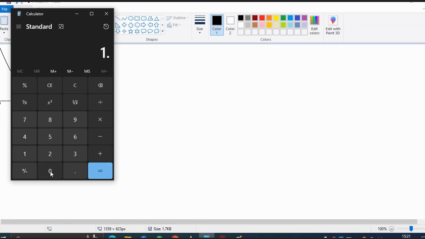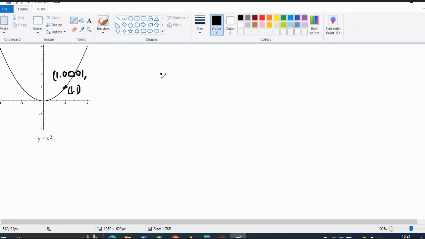It's going to be 1.0001 into 1.0001. So it's going to be 1.00020001, 3 zeros and 1. This is the y coordinate.